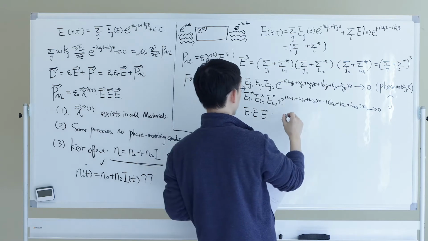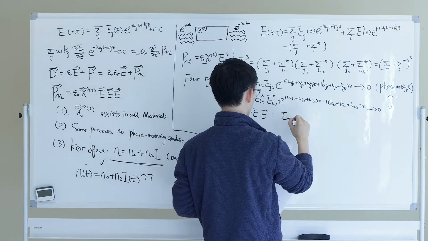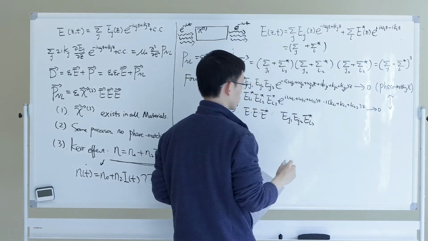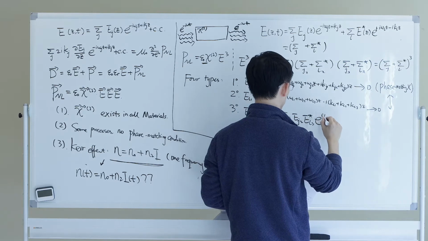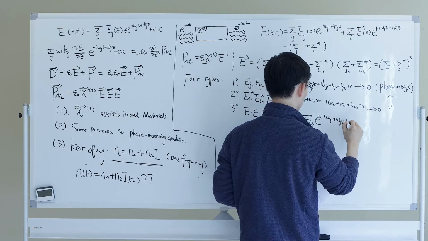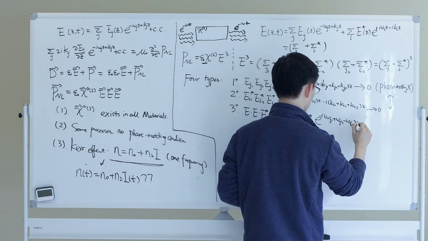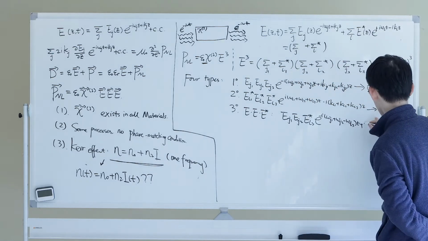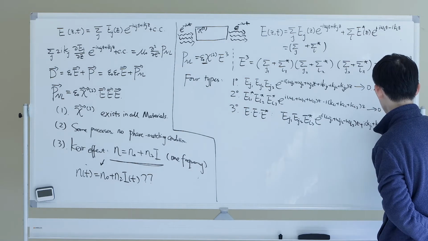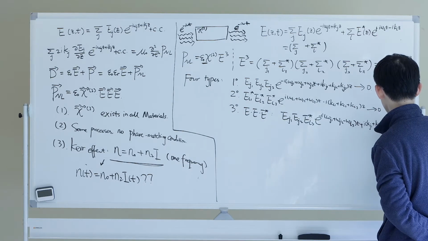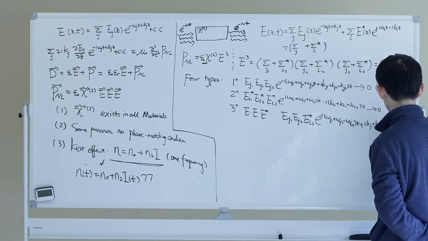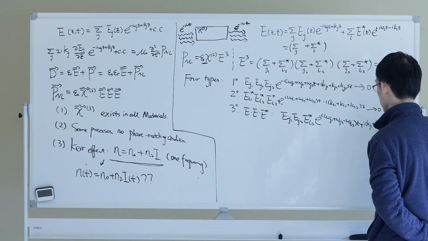Then you will get EJ1, EJ2, EL3 conjugate, and the frequency is minus i (omega J1 plus omega J2 minus omega L3) t plus i (kJ1 plus kJ2 minus kL3) z.